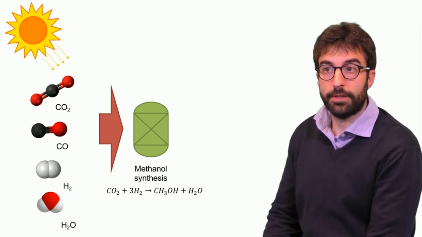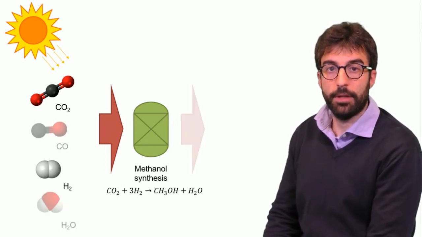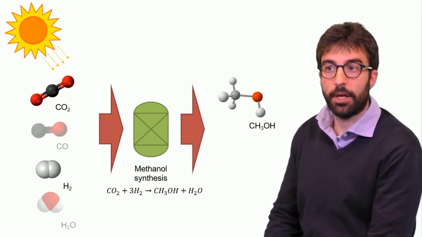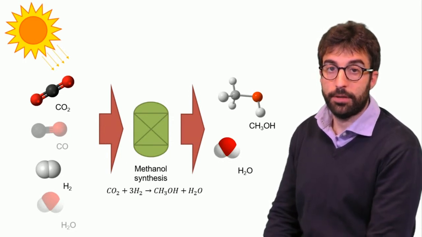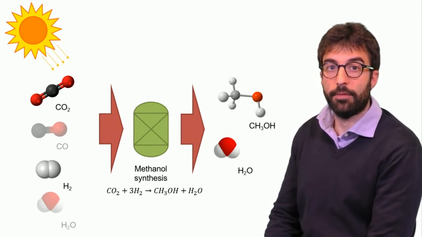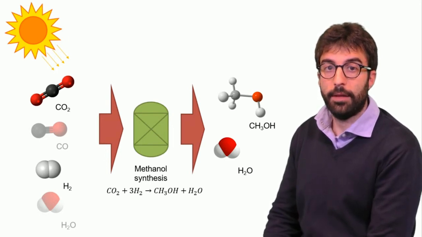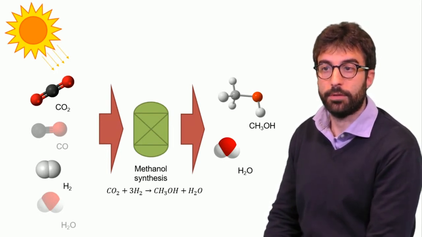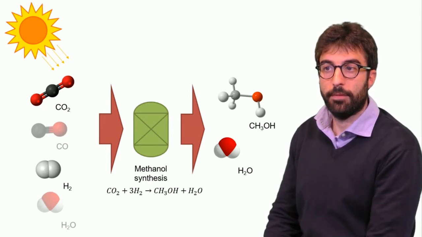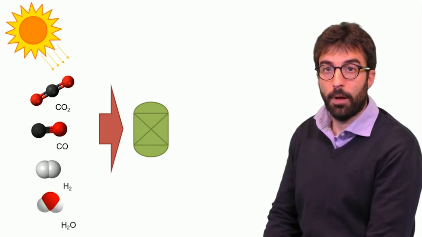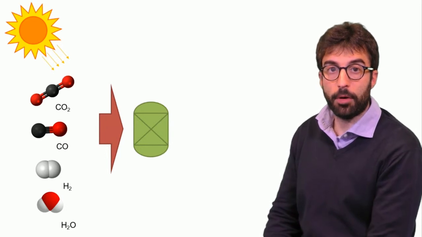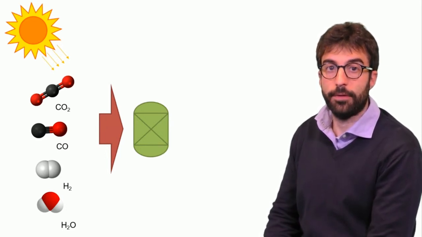A more complex process allows us to produce methanol. In this case, we usually feed the reactor with carbon dioxide and hydrogen. It's pretty interesting because in this case we have a high density liquid product that is methanol, and we have as a byproduct water or steam. Finally, we can have a more complex process that is called Fischer-Tropsch.